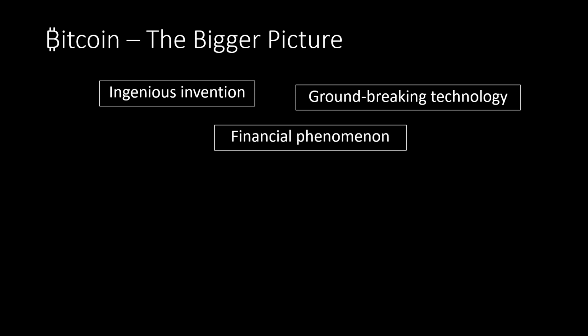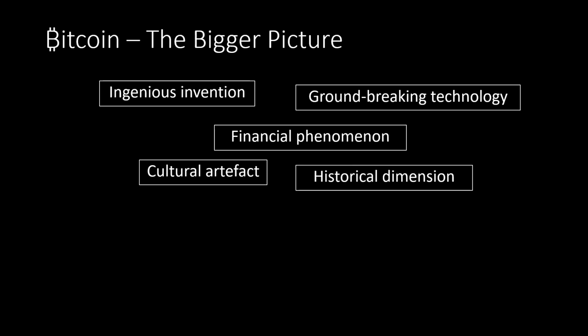It is undoubtedly a financial phenomenon. I would see it as a cultural artifact simply because it's something we discuss as mankind, whether in a positive or negative light. It has historical dimensions. Even Satoshi Nakamoto seemed to allude to certain contemporary events and maybe historical events, like the abandoning of the gold standard for the US dollar.